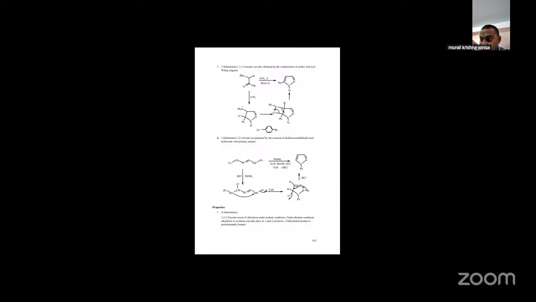Alkyl azide or azide equivalents, instead of terminal silyl acids, may be used. 2-Substituted 1,2,3 triazoles are obtained by the oxidation of bis aryl hydrazones of 1,2 diketones with copper(II) salts. 1-Substituted 1,2,3 triazoles are also obtained by the condensation of aryl azides with Wittig reagents.